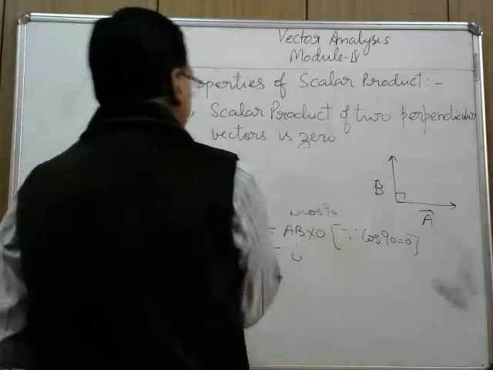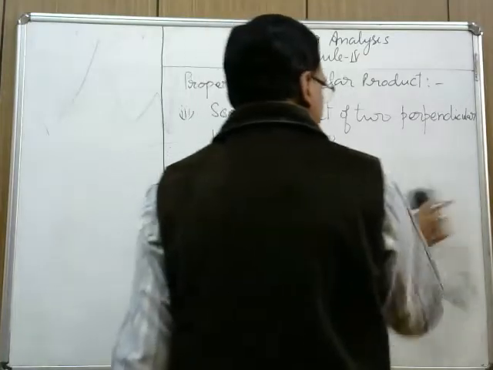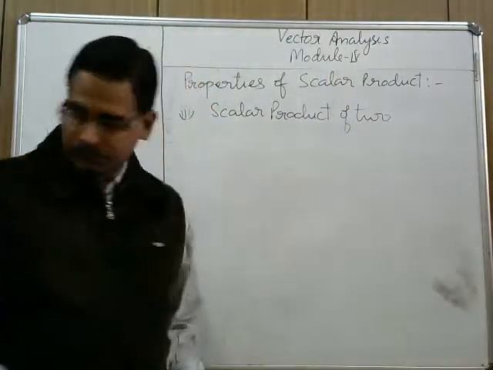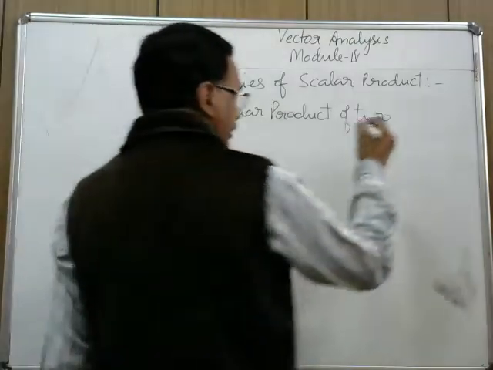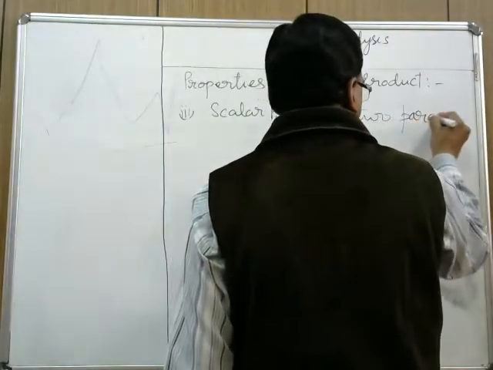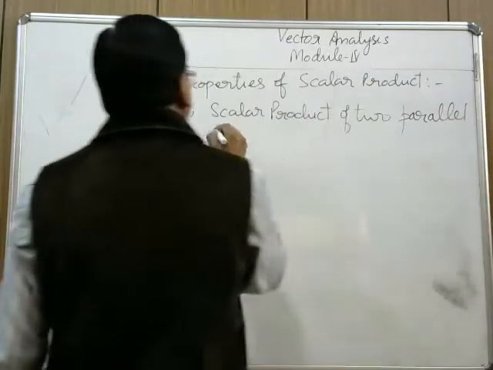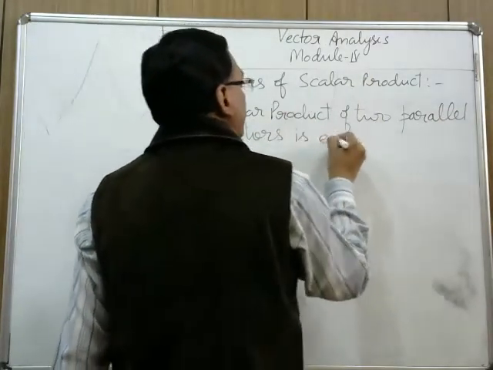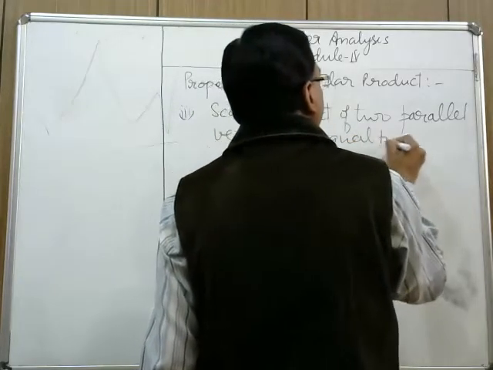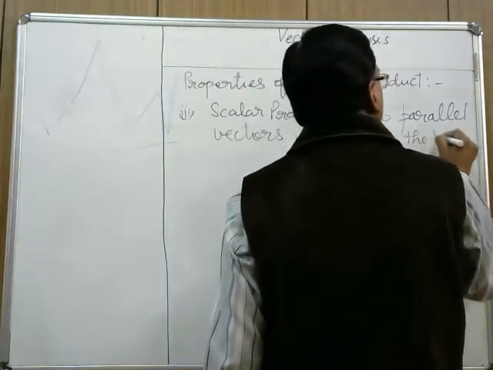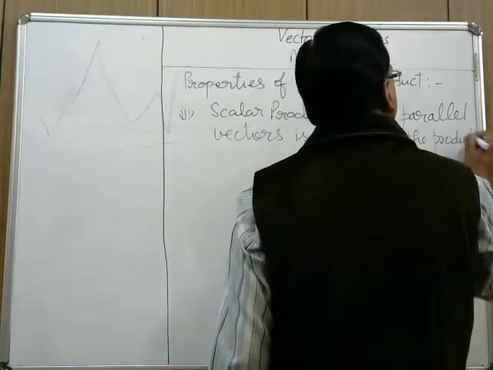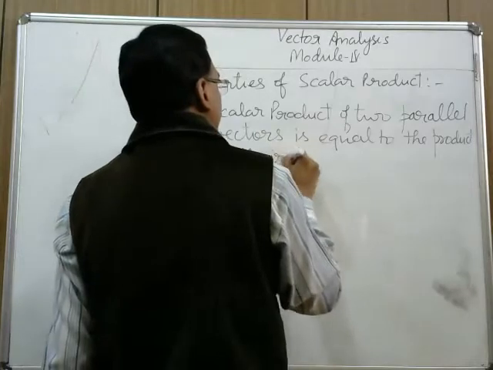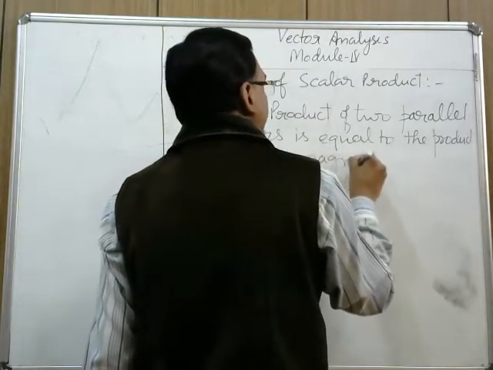Third property. Scalar product of two parallel vectors is equal to the product of their magnitudes.